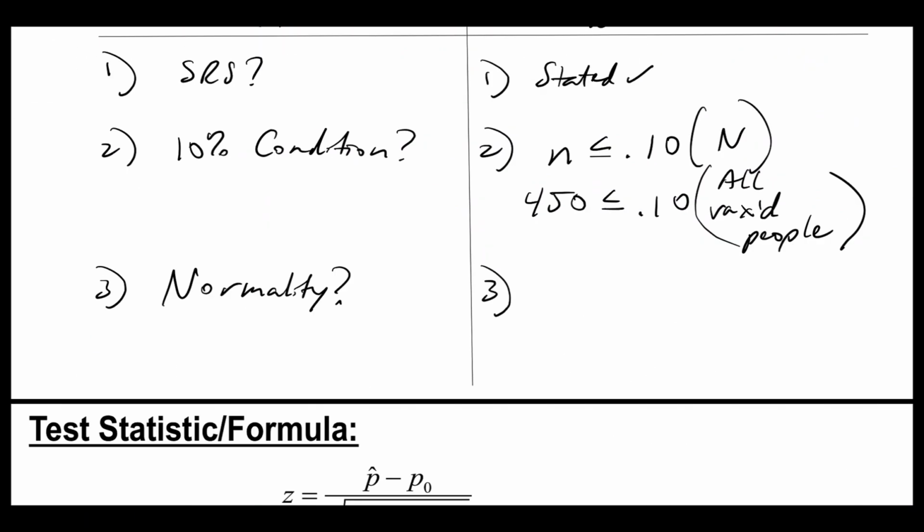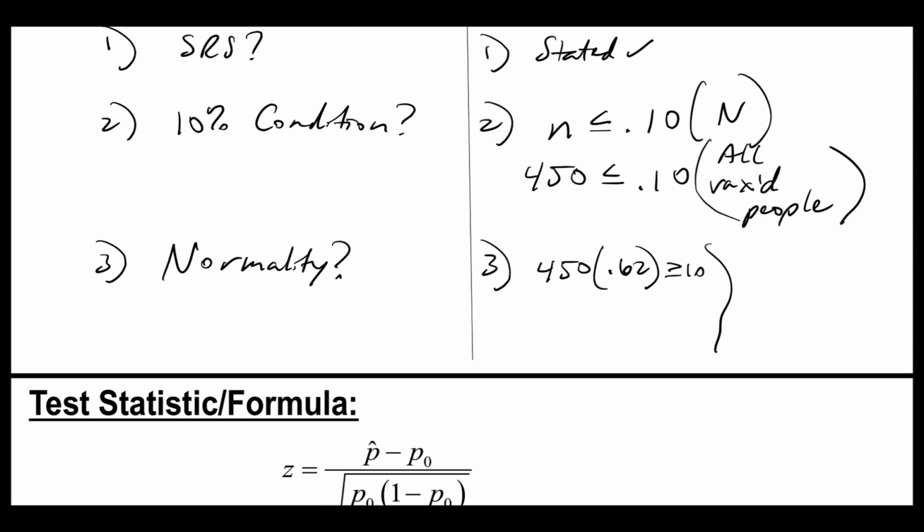Okay, so N times P, N is 450, P was 0.62. That's 279. That's definitely bigger than 10. 450 times 0.38? That's 171.